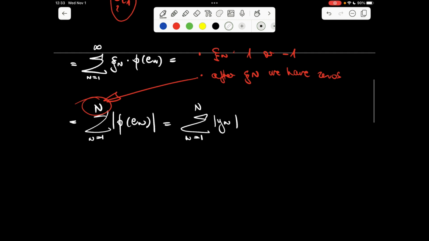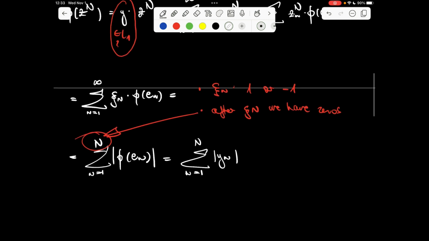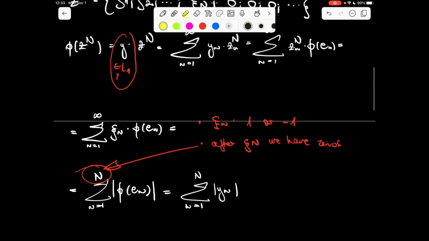And it is also true, so let me highlight the two ends of this system of equalities.